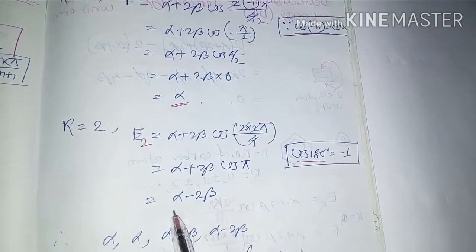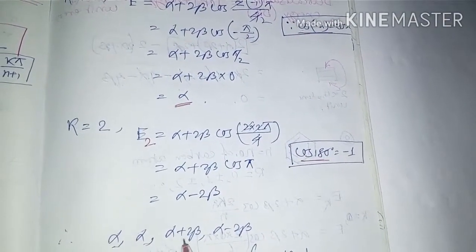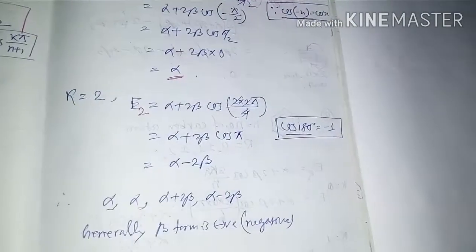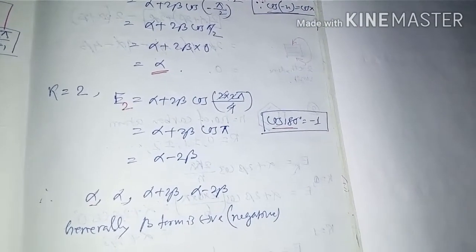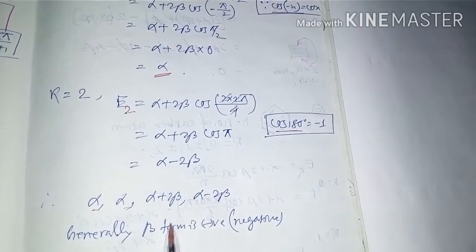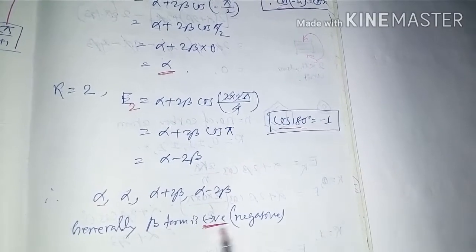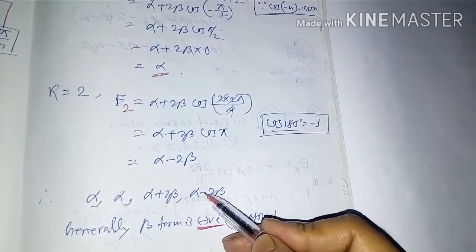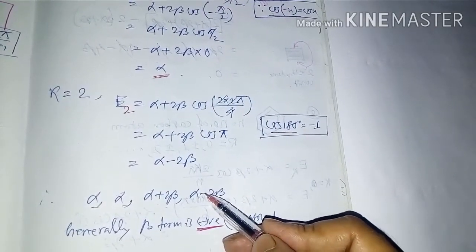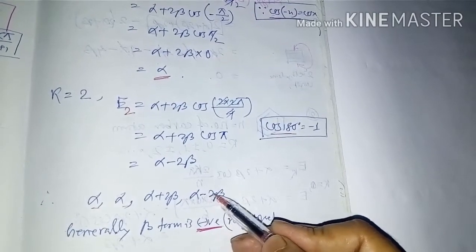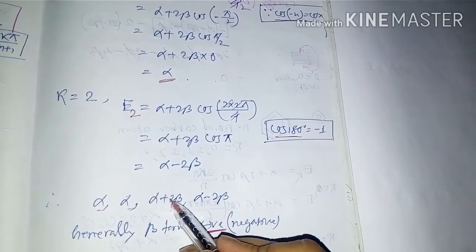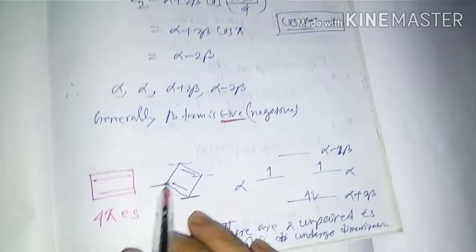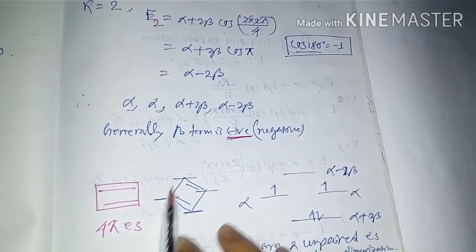So alpha like this. See, this beta term is generally negative. Suppose this one is negative: the positive alpha plus 2 beta, here plus minus minus, this is the negative part. So you can write it like this also.